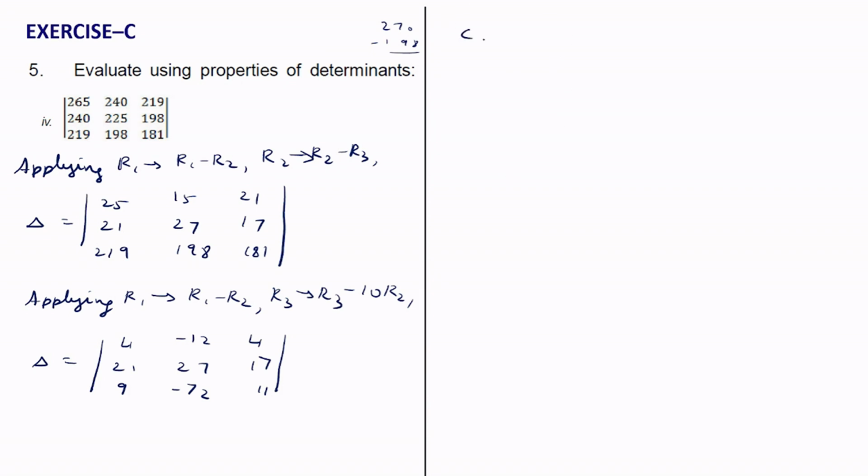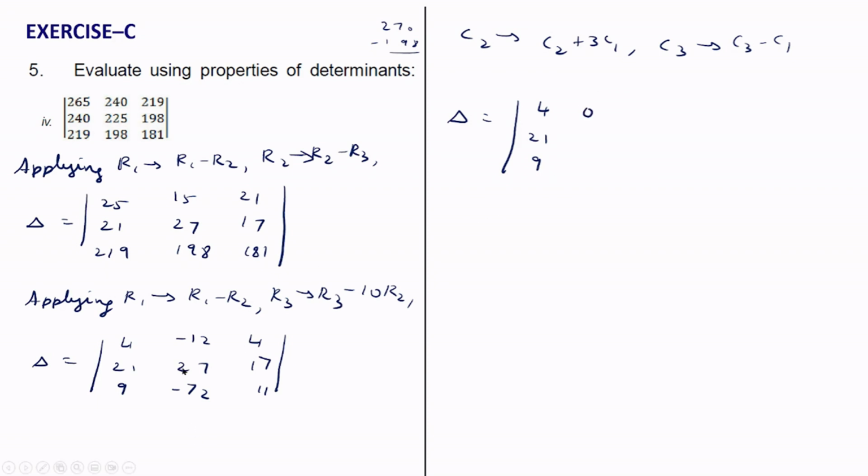Next let us apply C2 changing to C2 plus 3 C1 and C3 changing to C3 minus C1. So delta becomes C1 remains the same. C2 is C2 plus 3 C1. So minus 12 plus 12, 0.